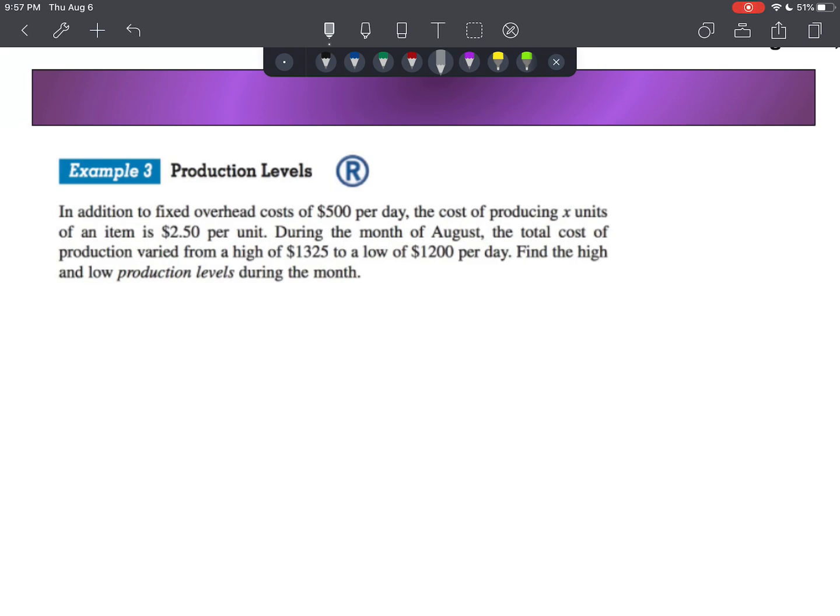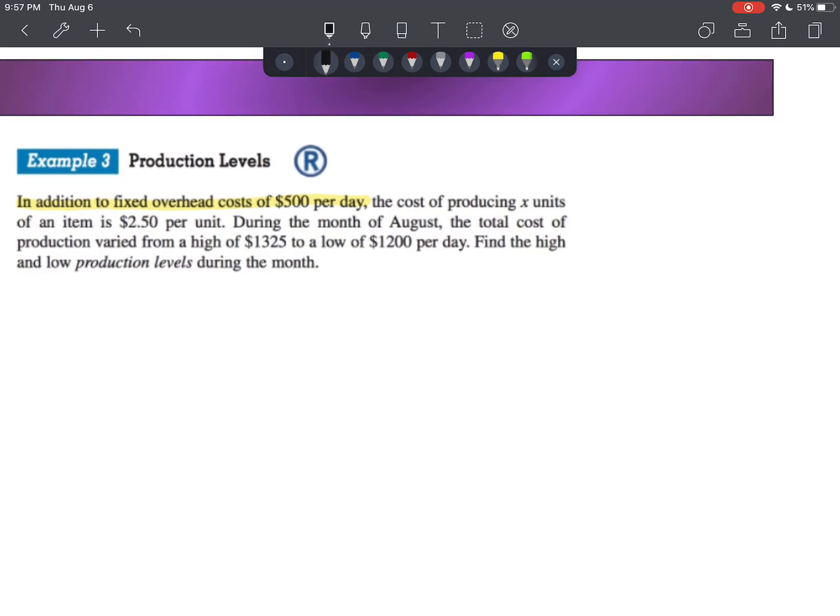Okay, we're just going to take this little by little. In addition to fixed overhead costs of $500 per day, so we're going to have $500 plus some other amount. That some other amount is the cost of producing X units of an item that is $2.50 per unit.